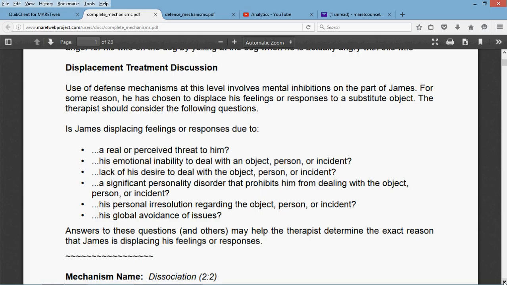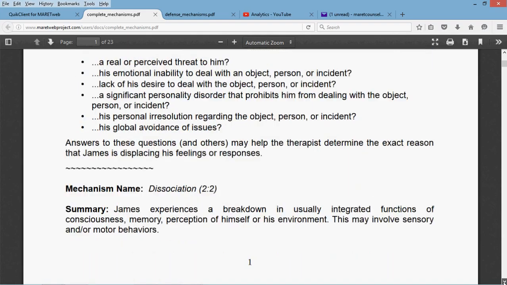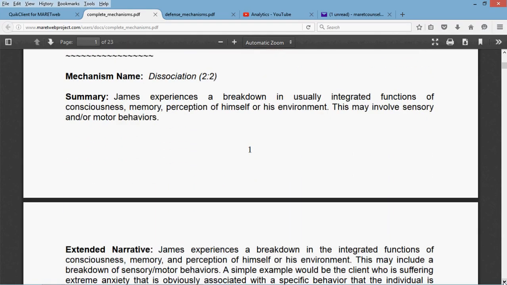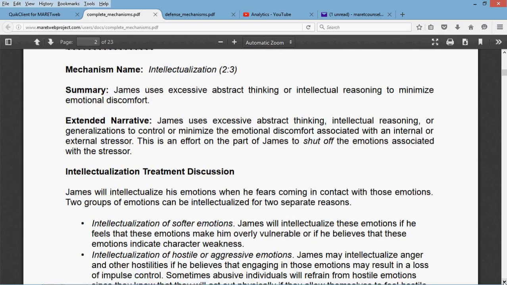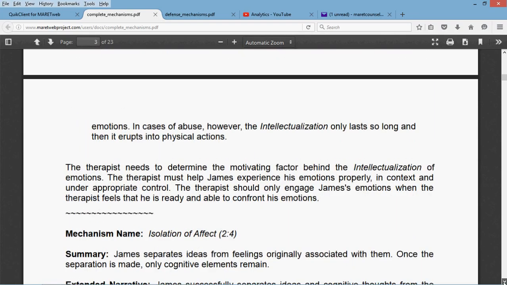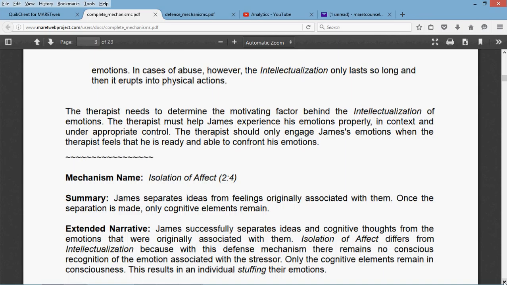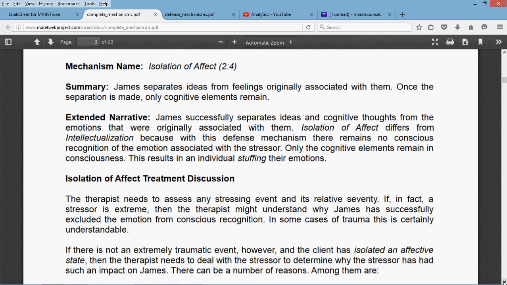Each one of the sections 2 through 7 has this particular treatment discussion available to you, stuff to think about when a person scores out in that area. So each one of the mechanisms, 2 through 7, is going to be in here. And this is the complete mechanisms document again.